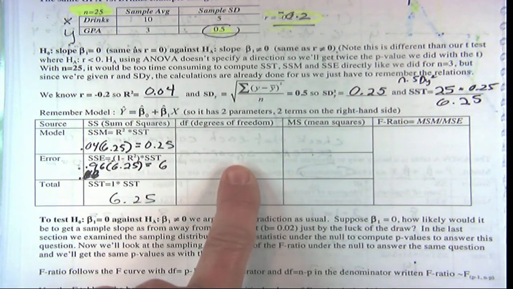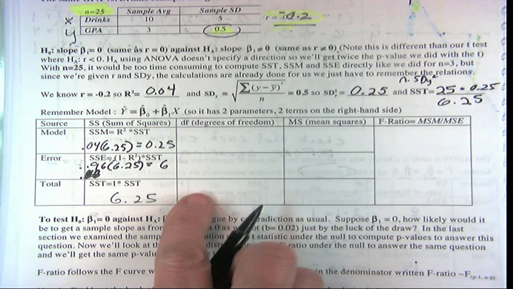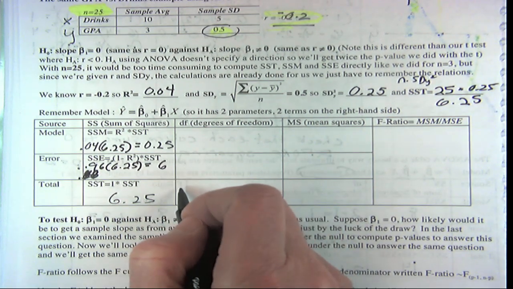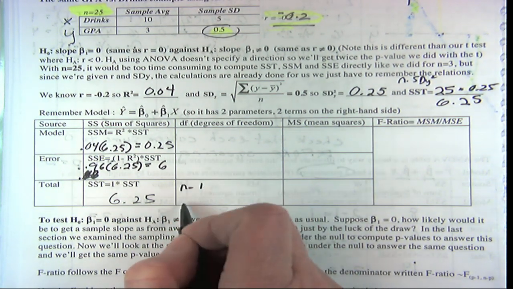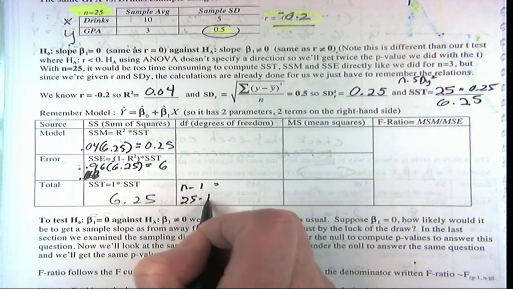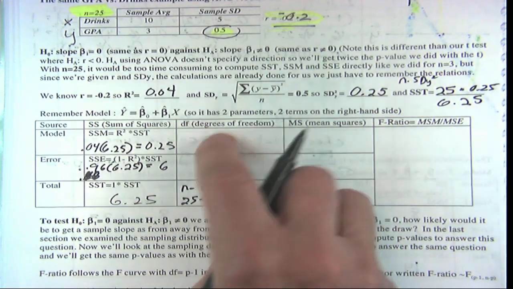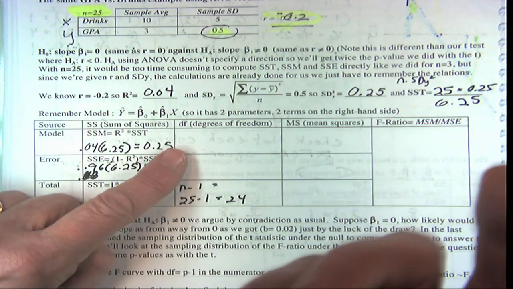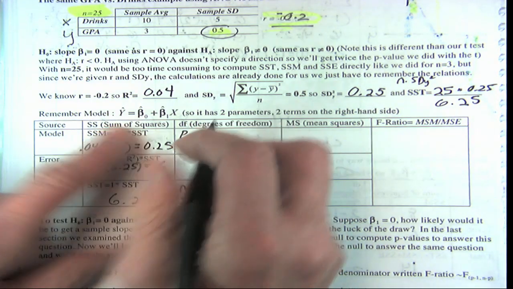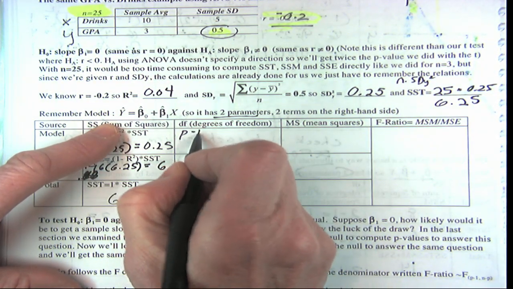So now we're going to divide by their degrees of freedom, and remember what those are. Altogether, the degrees of freedom is n minus 1. So that's just 25 minus 1, which is 24. And then for the model, there's two parameters to the model right here, so it's p minus 1.